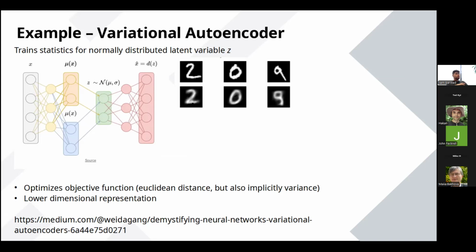And here they just use mean squared error. But if we remember, what you're actually doing when you're minimizing Euclidean distance is you're maximizing variance. You're maximizing the amount of encoding that you are storing in this latent representation, this lower dimensional representation.